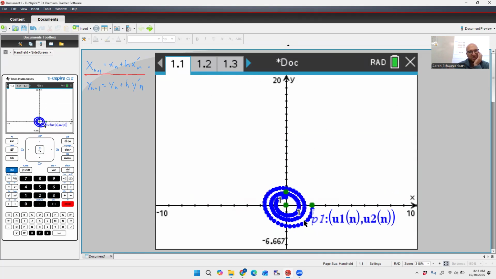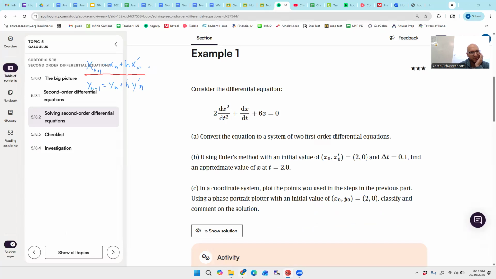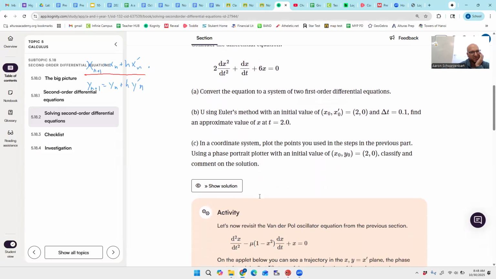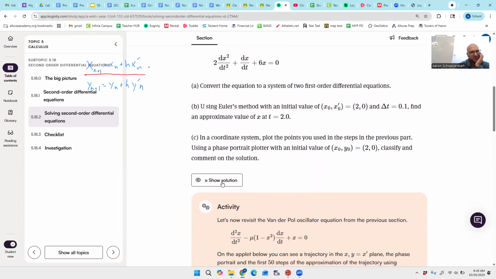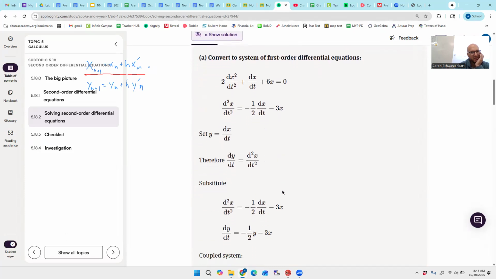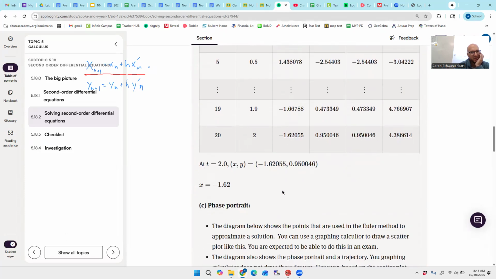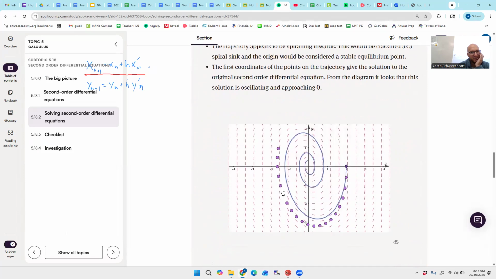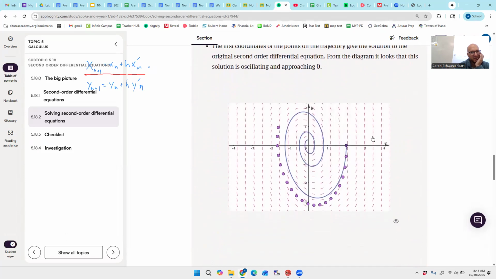So it shows it spiraling in. You get the idea though. I just wanted a little bit more to see it spiraling in. So yes, we get all the same things. And they've kind of got this phase portrait.